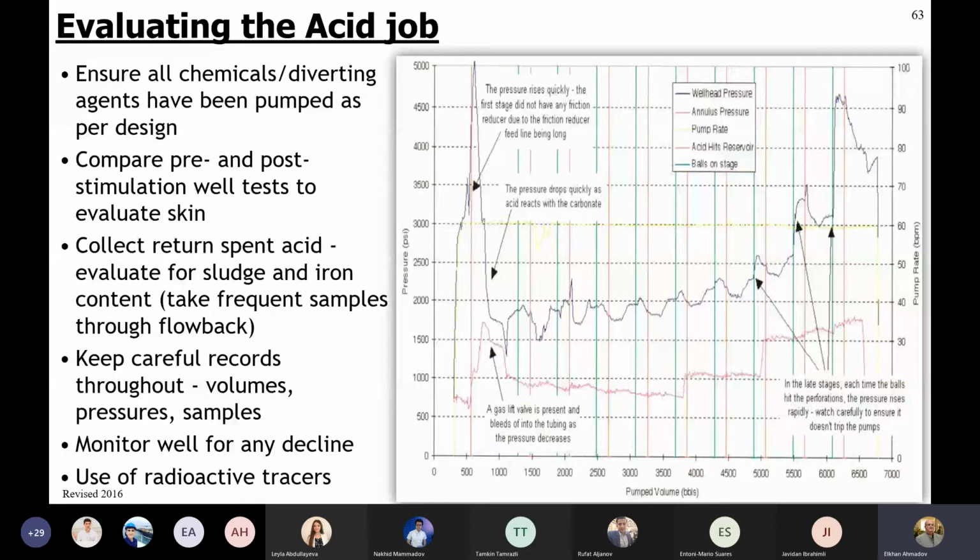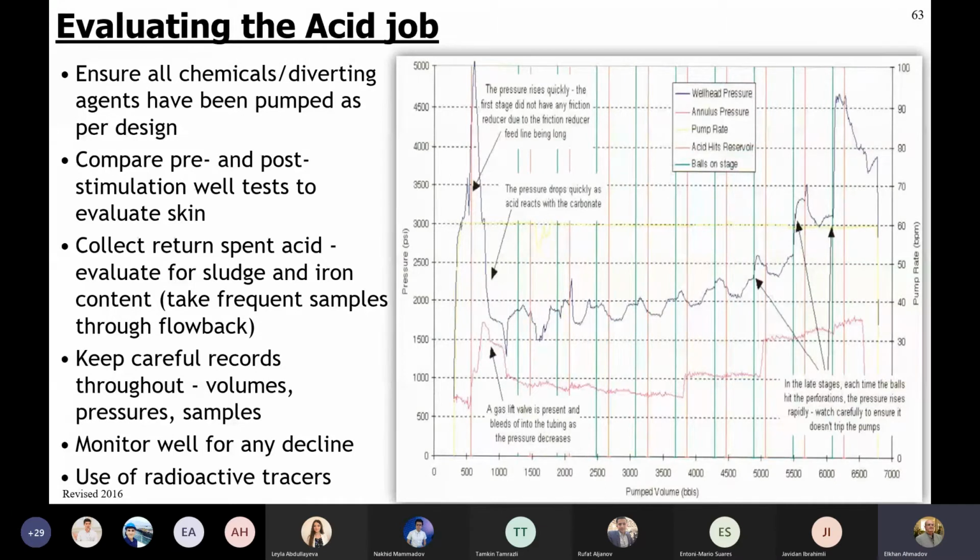We may use radioactive tracers to see how long, how deep this acid may go into the reservoir, how it would be observed in other wells, or how long it will take the effect of this acid job.